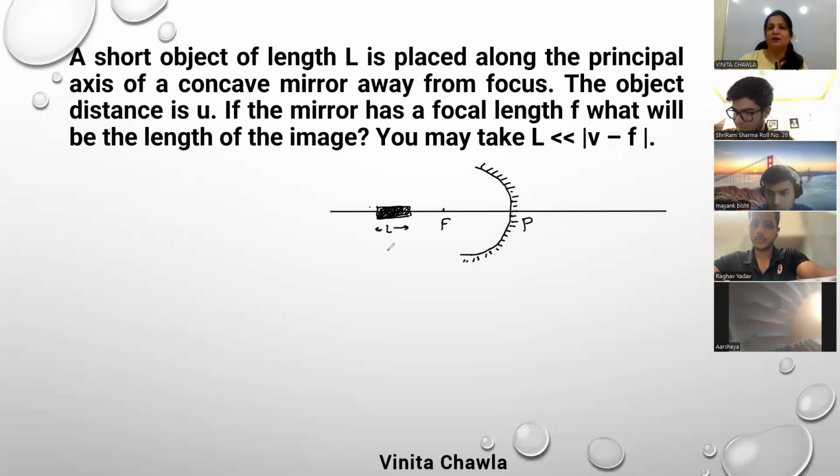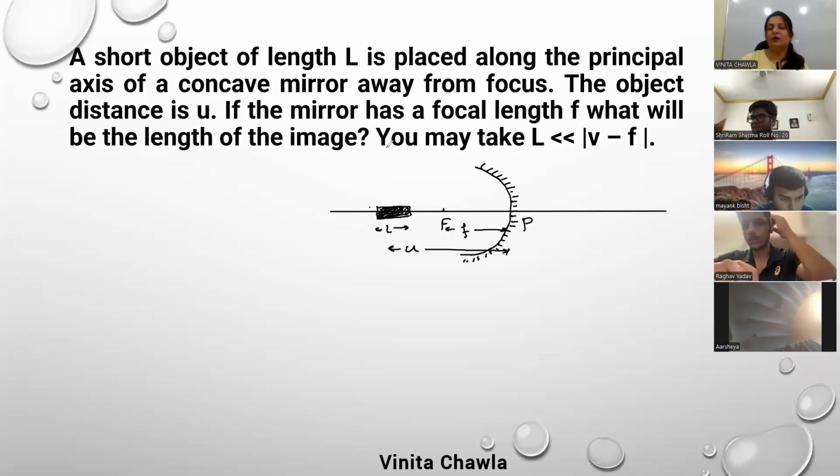And the focal length is small f. If the mirror has a focal length f, what will be the length of the image? We have to find L dash.